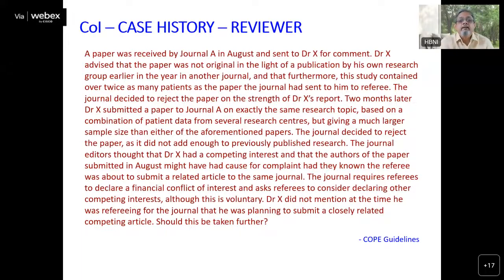If you want further reading, you can go through this website. www.publicationethics.org is the website for COPE, and a number of case histories have been put up on it.